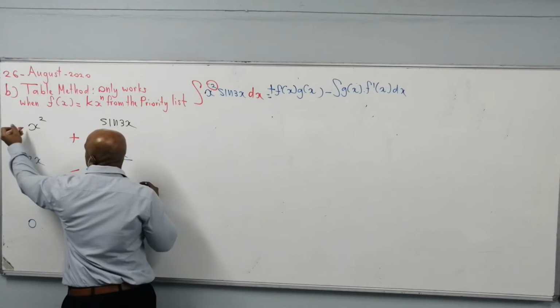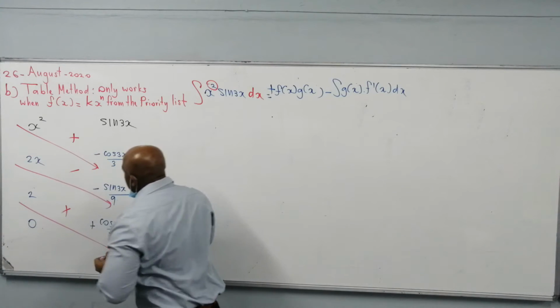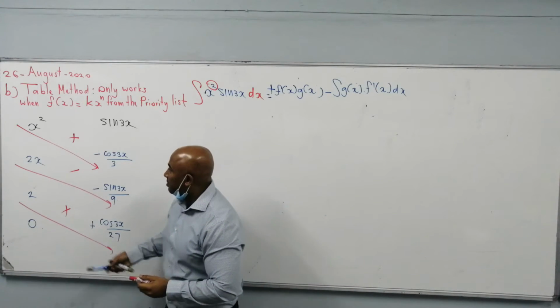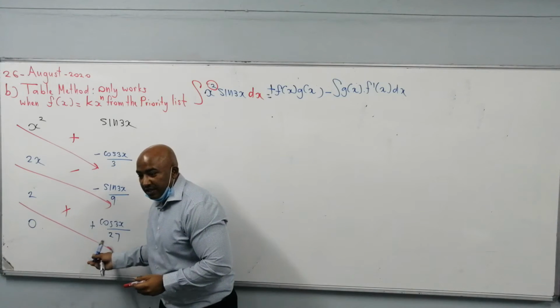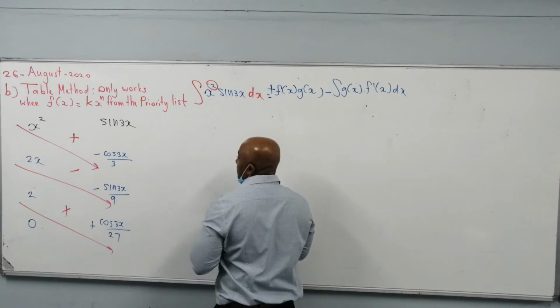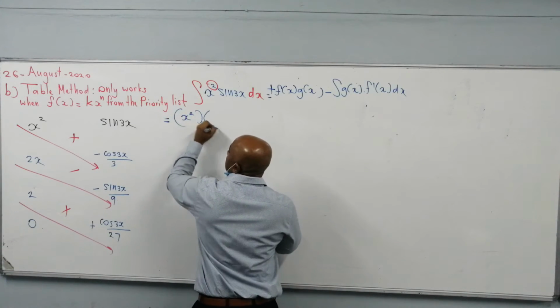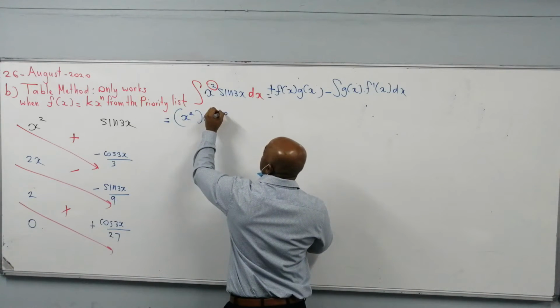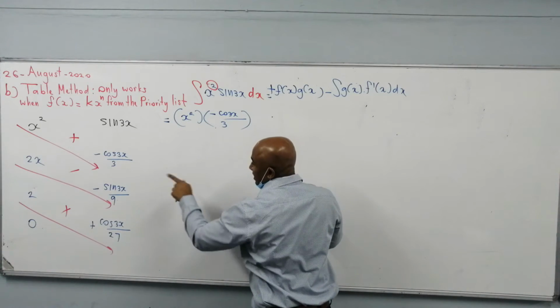You multiply diagonally down there, here, here. So what am I going to do? I'm going to multiply that times that, that times that, that times that. Can you see that? Watch now how this happens here. So I'm going to multiply x squared times minus cos 3x over 3. What's the next one then?